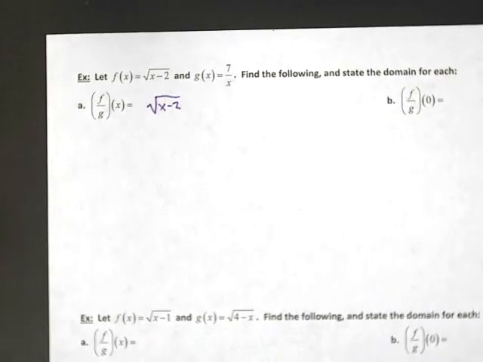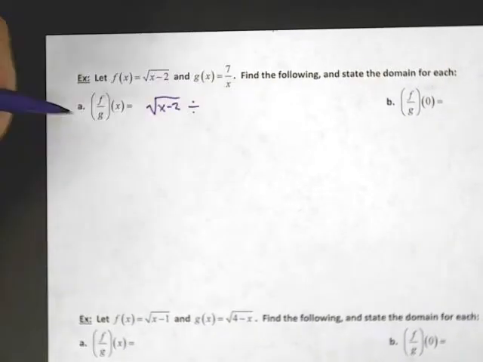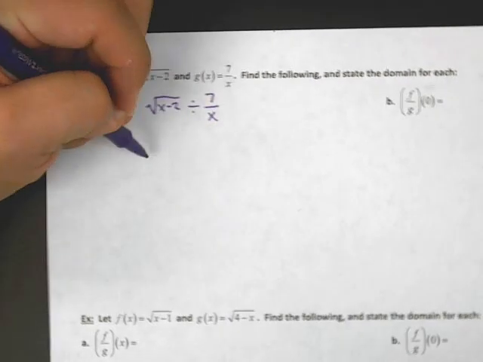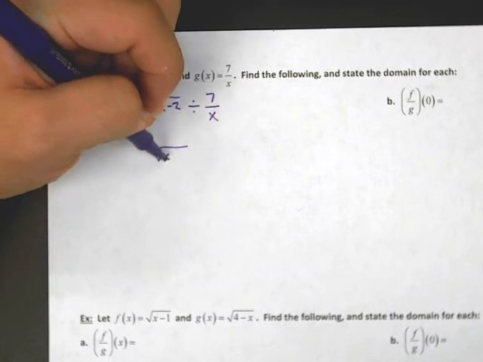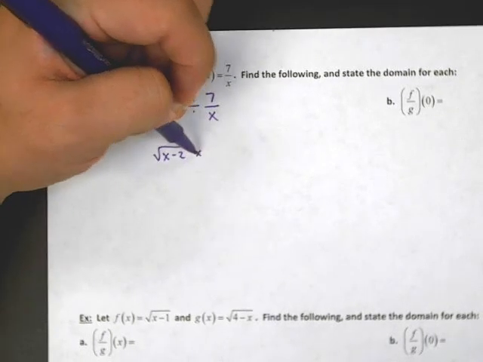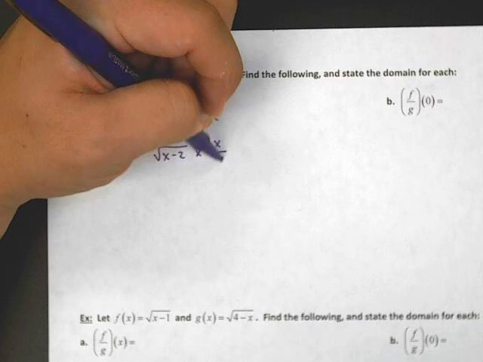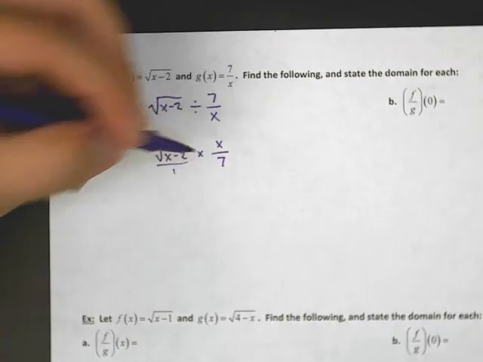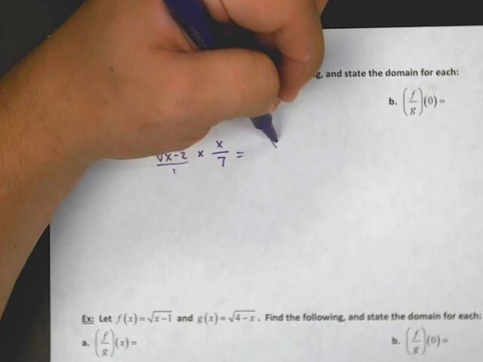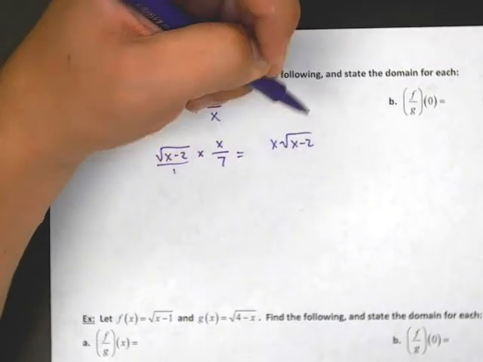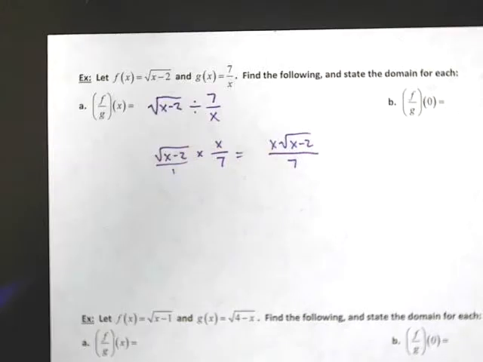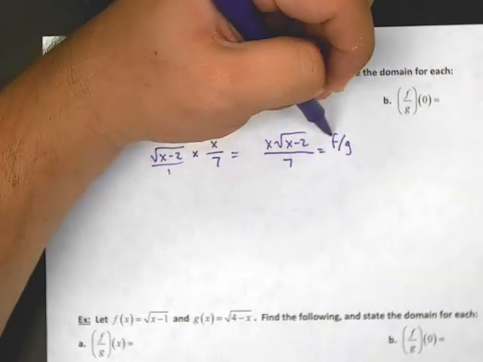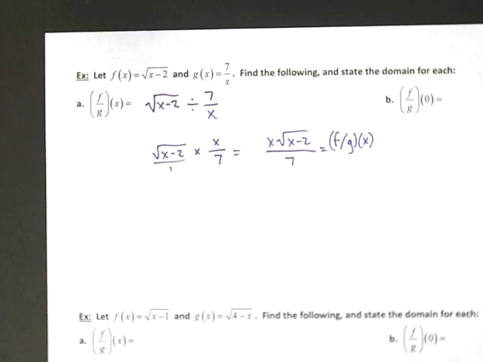But what are we going to do here? I'm going to say divided by 7 over x, because what can I now do? I can keep, change, and flip. Now if it helps, go ahead and put that over 1, because then we know this will be square root of x minus 2, all over 7. And that is f over g of x.